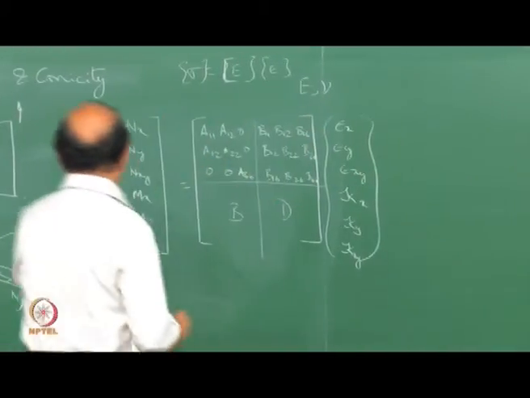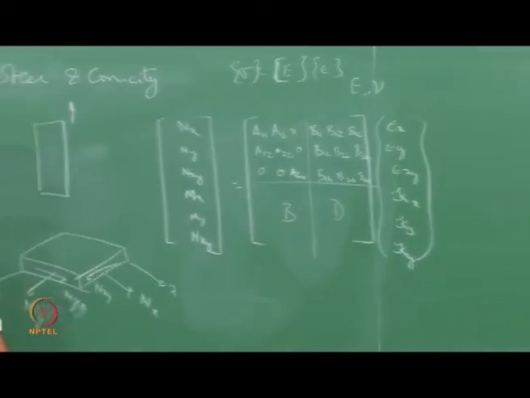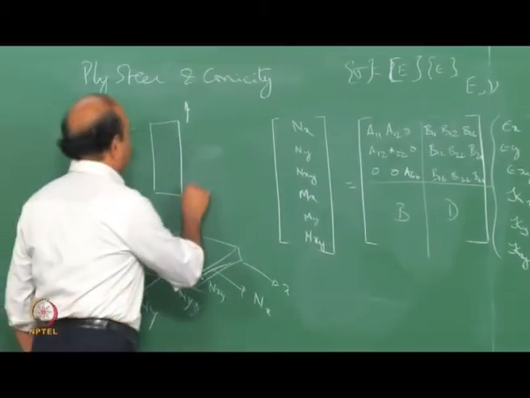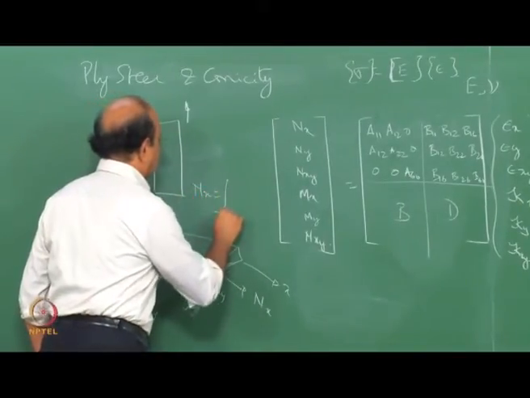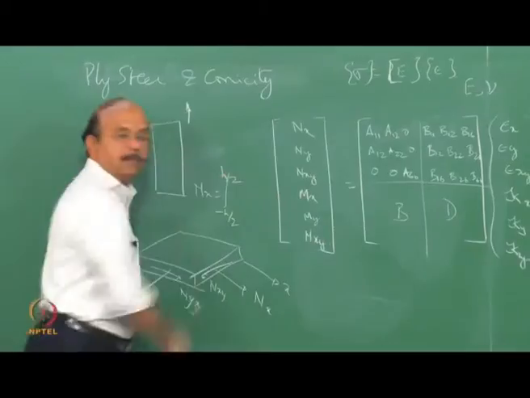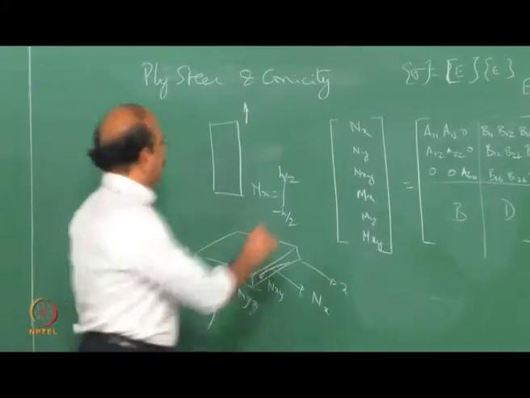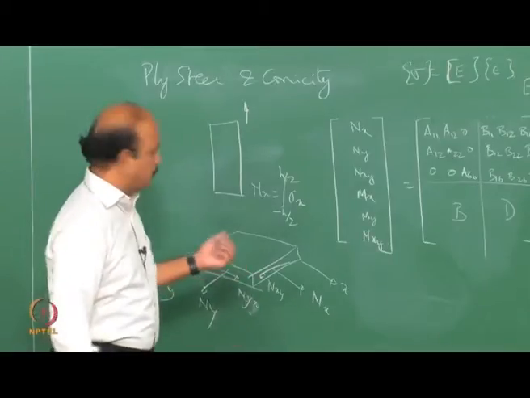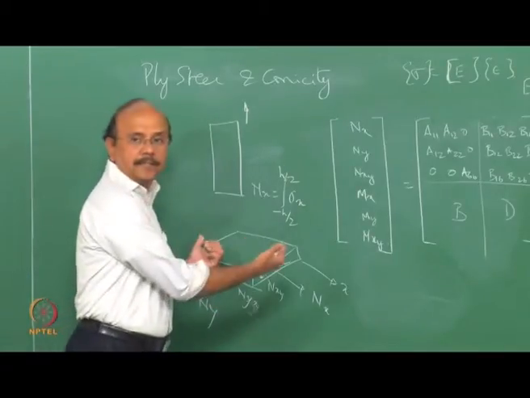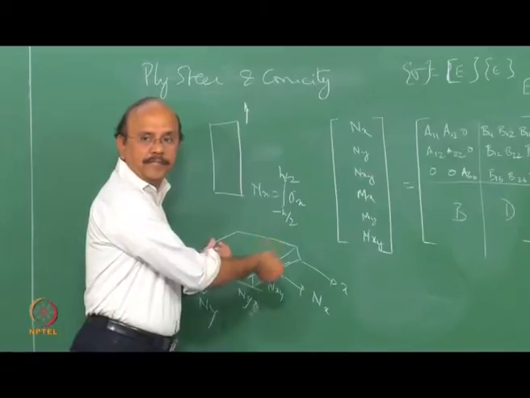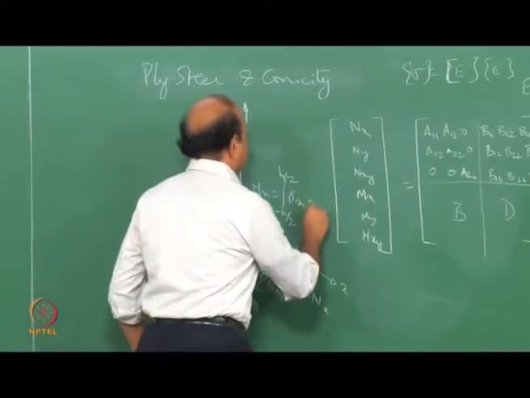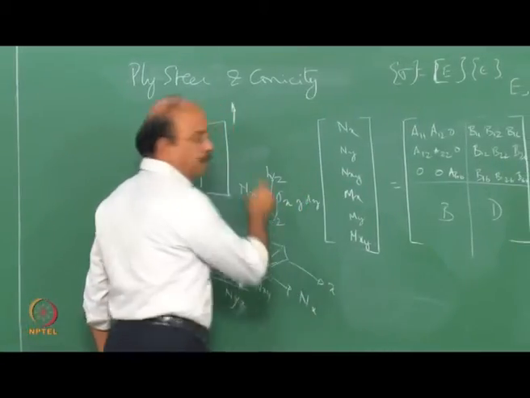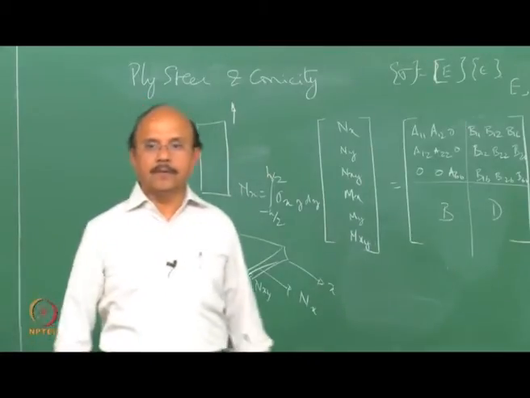Yes. So what is MXY? Okay, good. So MX, MY, and MZ are the result of... They are the moments. Okay. Sigma x multiplied by z dz, from minus h by 2 to plus h by 2.